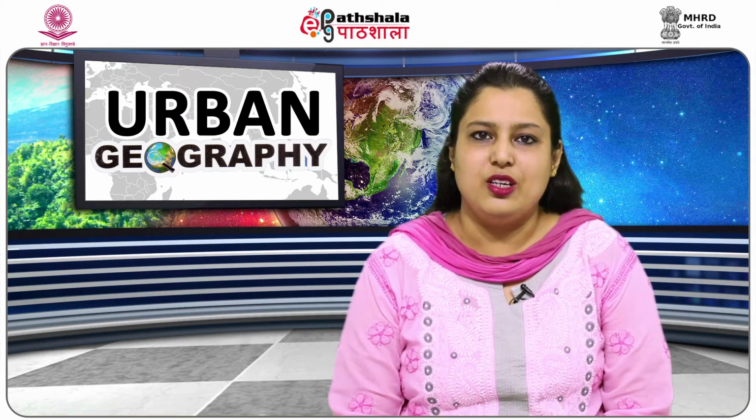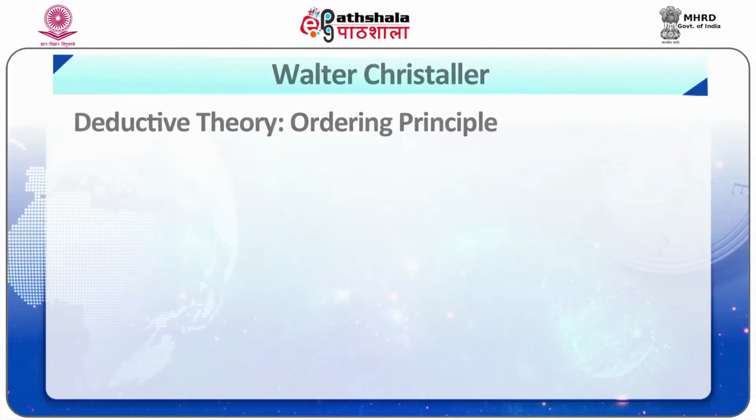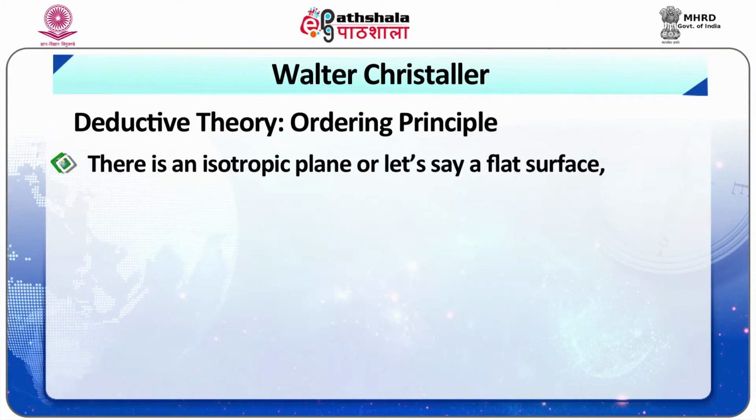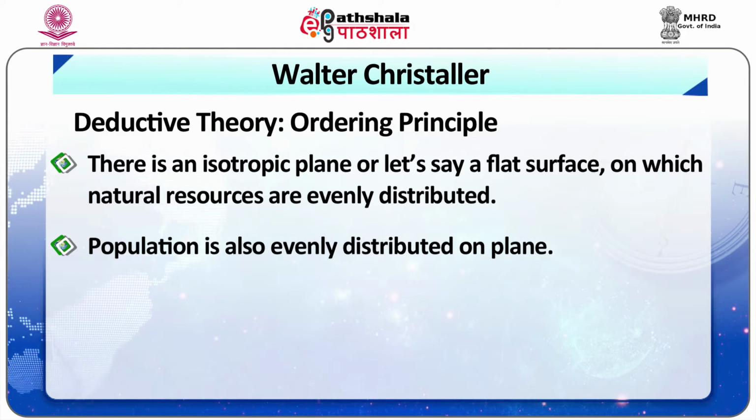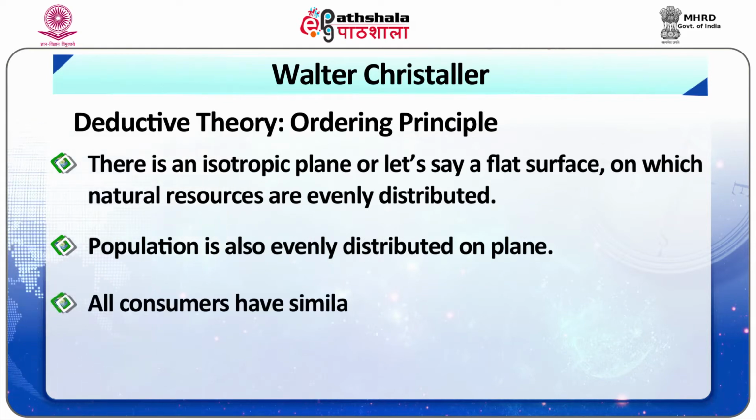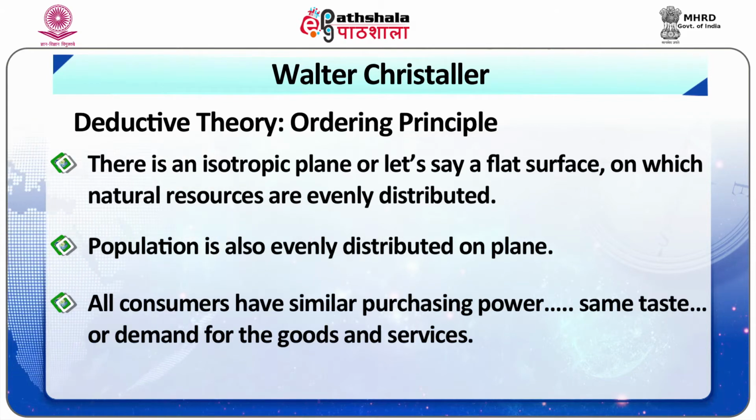Christaller based his theory on certain assumptions. There is an isotropic plane, or let's say a flat surface, on which natural resources are evenly distributed. Population is also evenly distributed on the plane. All consumers have similar purchasing power, and the same taste or demand for goods and services.